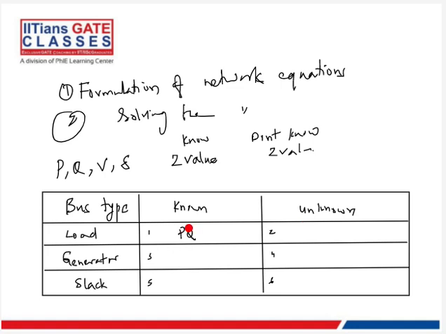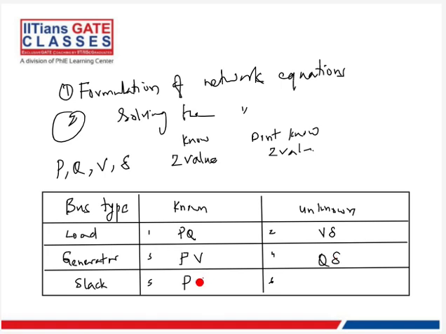So this is PQ. The other one is V delta. The assumption here is that we know P and V. We don't know Q and delta.